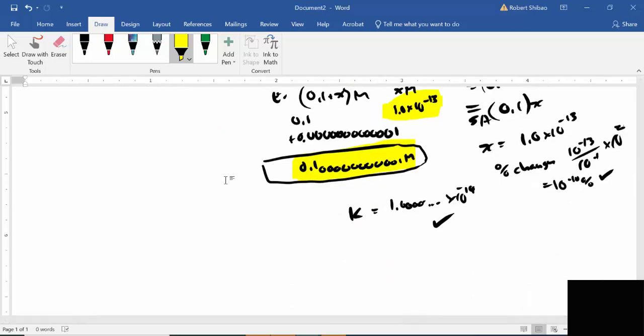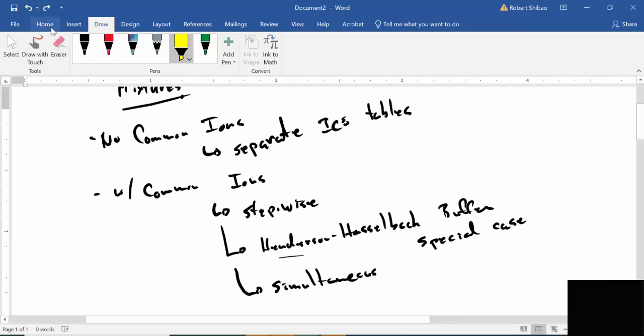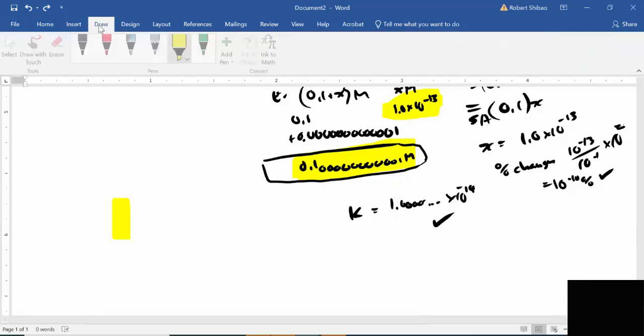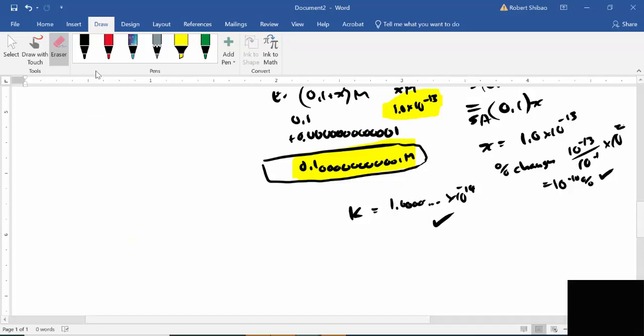The pH of this is going to be 10 to the minus 1, so pH is going to be 1.00. It wouldn't have made much difference had I done step 3 or not, as far as pH is concerned.